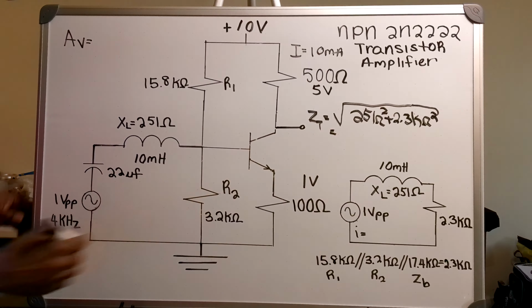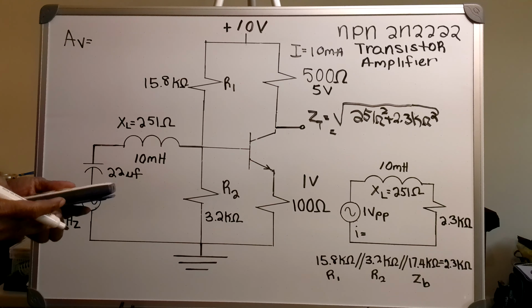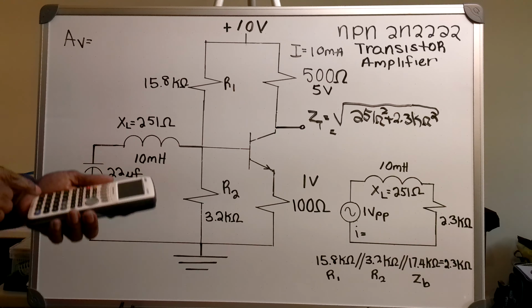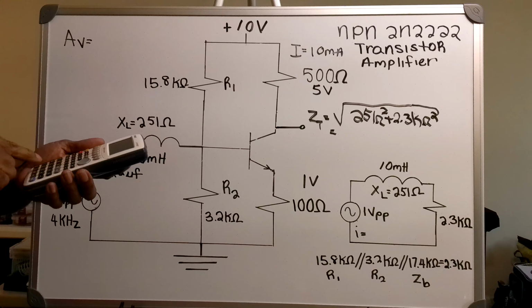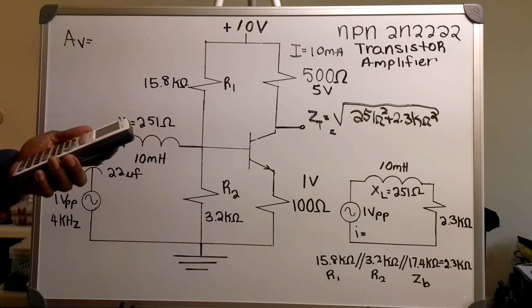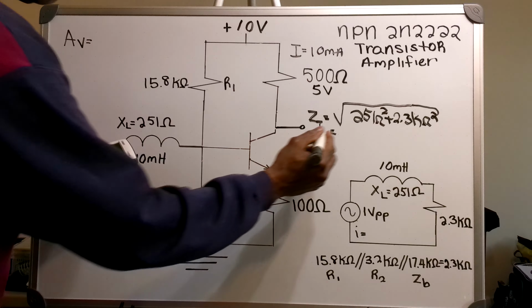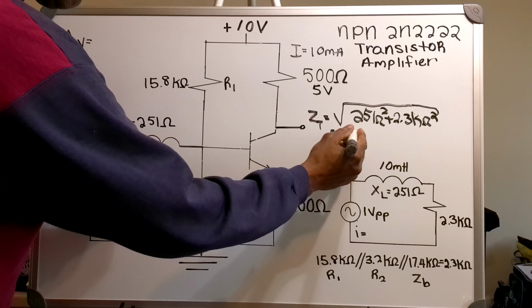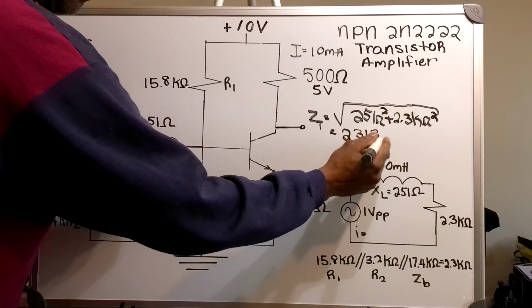And that will give me a Z total of 2,313 ohms.